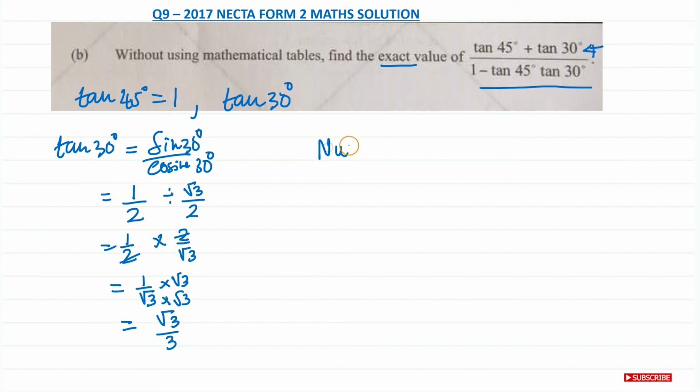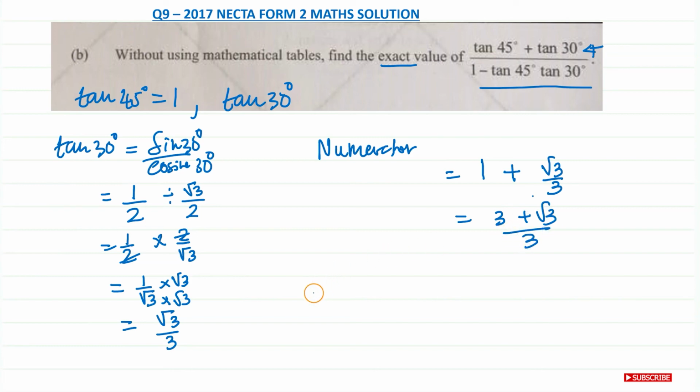So if we just take the numerator, then we will get tan 45 is 1 plus tan 30, we've just done it, is root 3 over 3. If you add these two numbers, you will get 3 plus root 3 over 3.